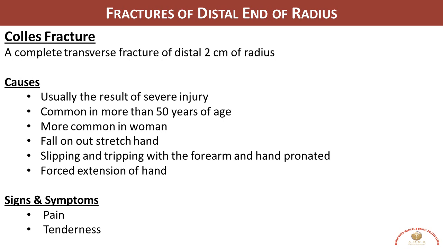Now what are the signs and symptoms in any case of fracture? Whenever you have to write about a fracture, you should remember that in any type of fracture the signs and symptoms are pain and tenderness. Definitely it will cause pain, and it is very tender when a joint is involved.